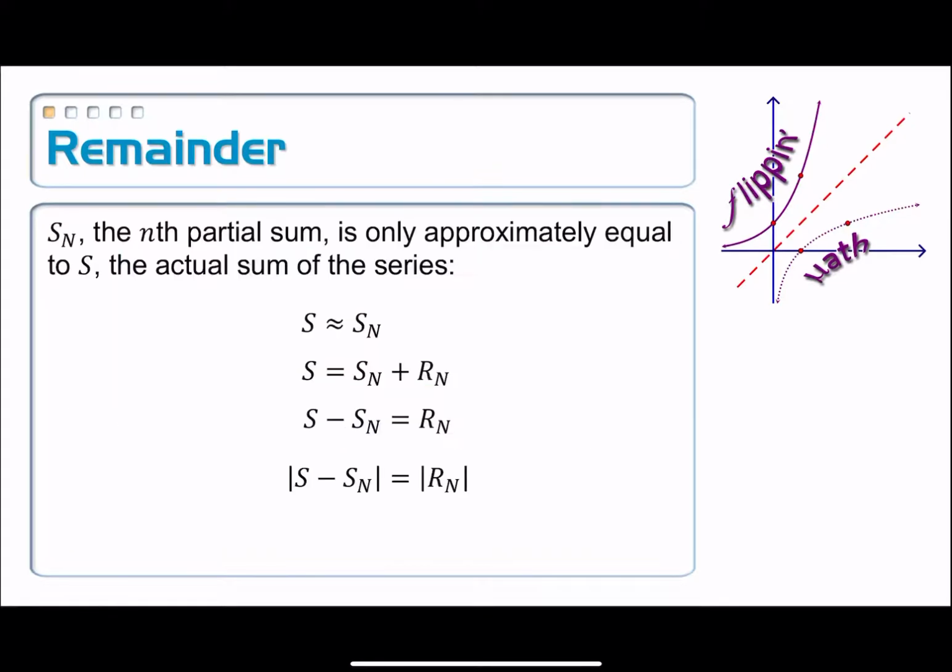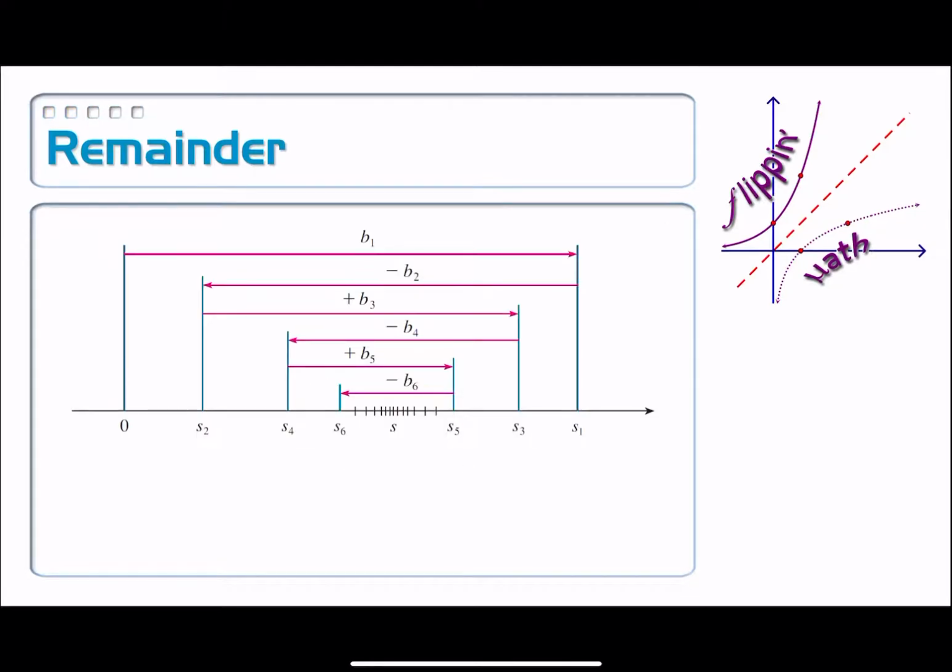Specifically for an alternating series, we can bound that. This is something we can get a handle on. We can see how big that remainder possibly could be. Not exactly, because if you could get it exactly, then you'd know exactly what the sum of the whole series is. But we can see what it's less than. So take a look at some pictures that we saw back in the first objective.